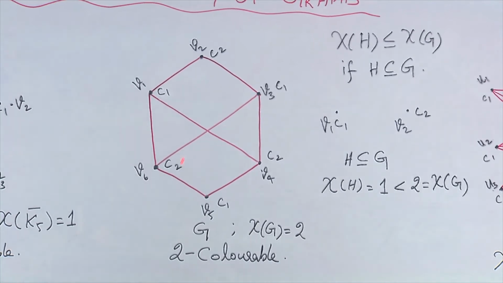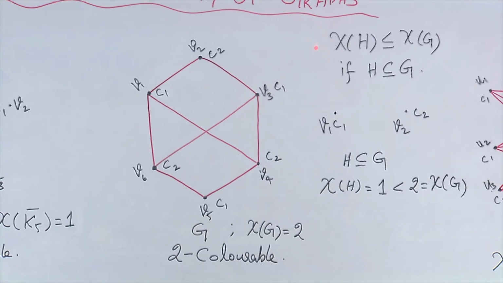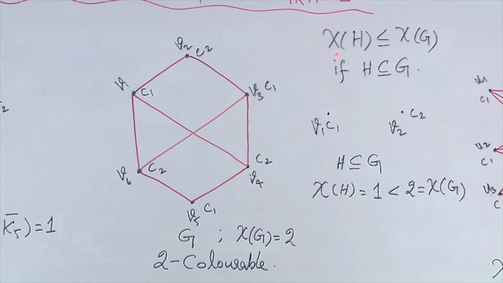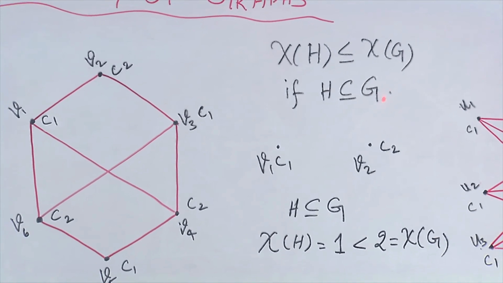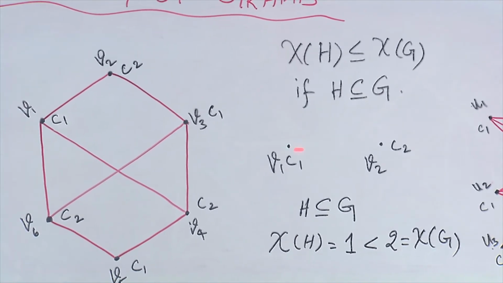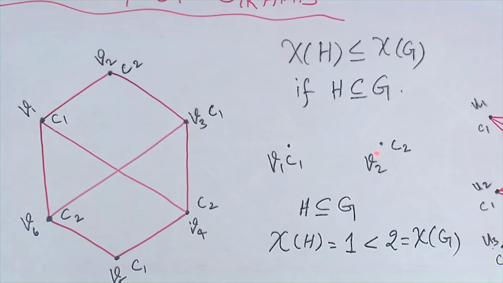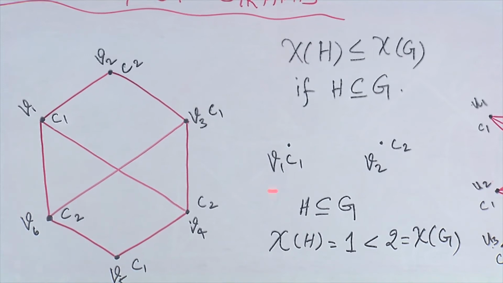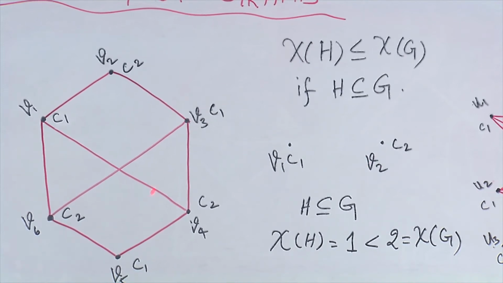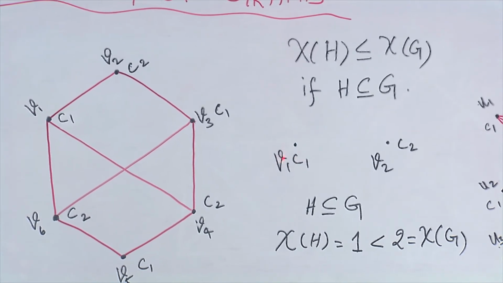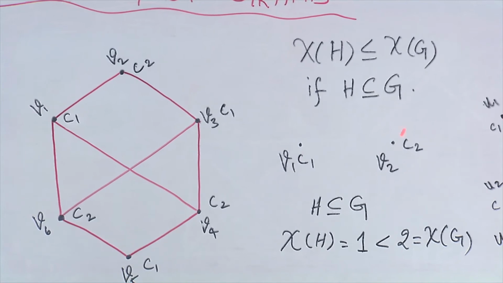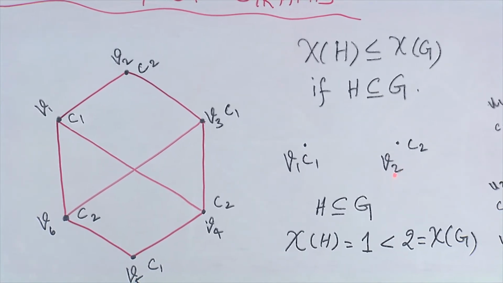We have already seen a theorem stating that the chromatic number of H is less than or equal to the chromatic number of G if H is a subgraph of G. Consider vertices V1 and V2 and this graph, which is obviously a subgraph of this graph. Here I am going to give the color C1 to this vertex and the same color C1 to this vertex also.